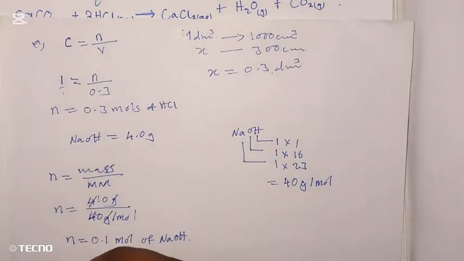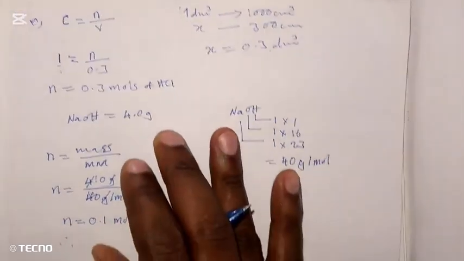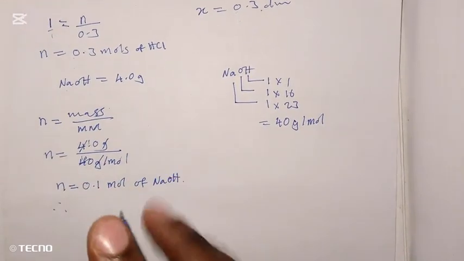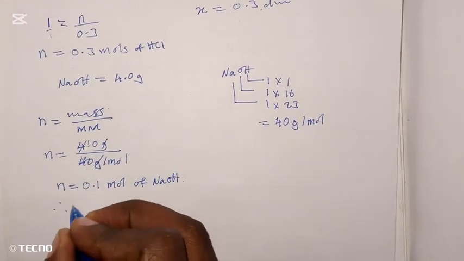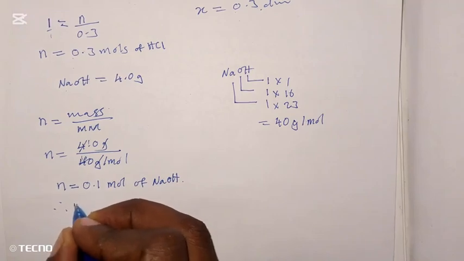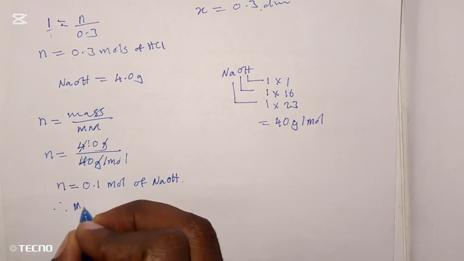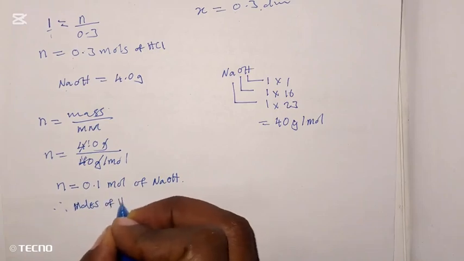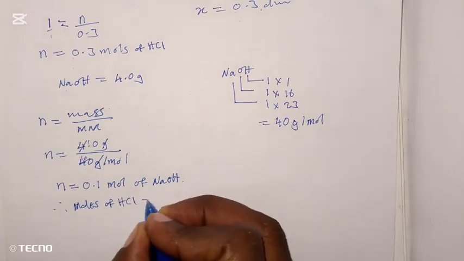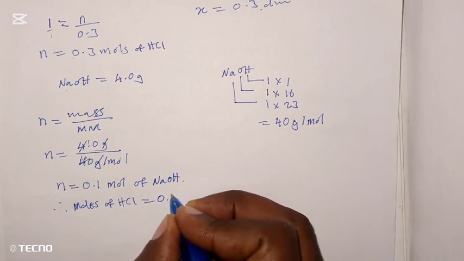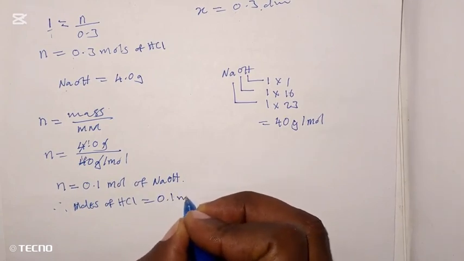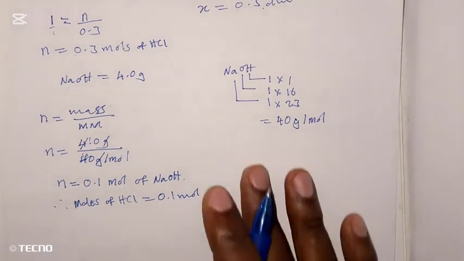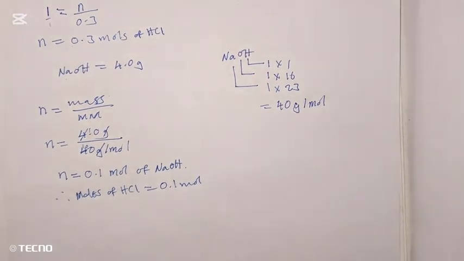So moles of hydrochloric acid is equal to 0.1 mole. Okay, these are moles of hydrochloric acid.